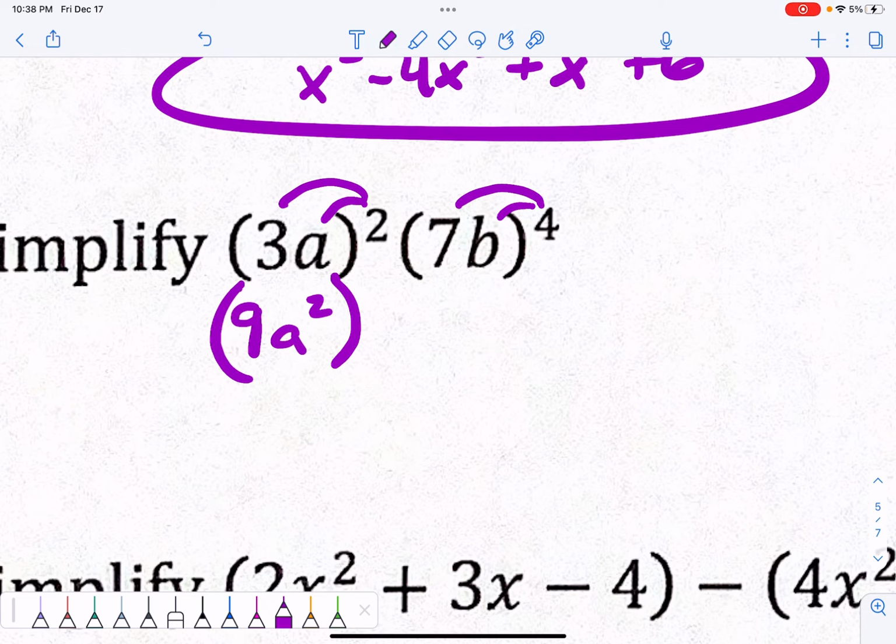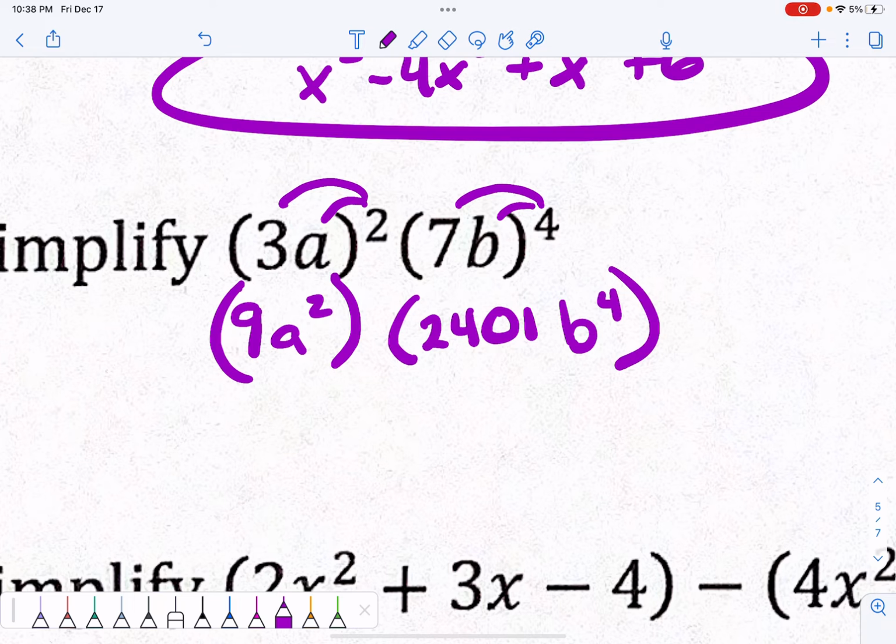Now, 7 to the fourth power is, I got to remember, 2401, I think, something like that. Let me check that. 2401, and that's b to the fourth power, okay?